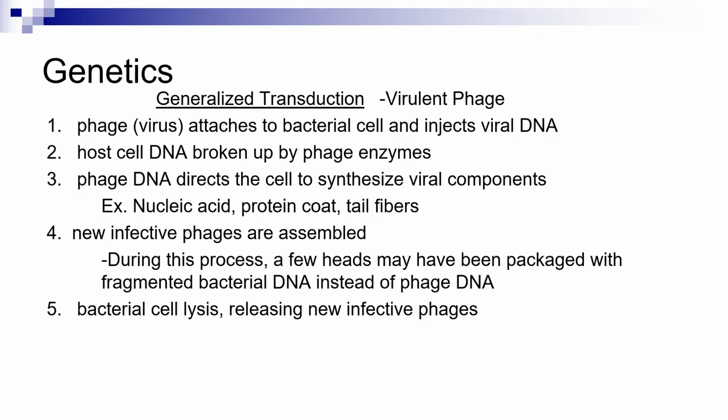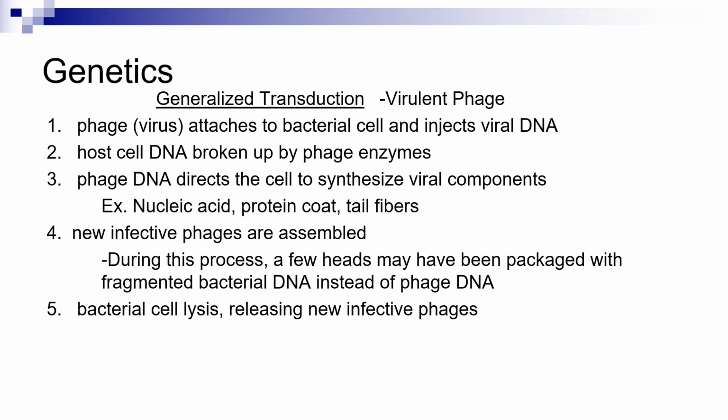So the phage, bacteriophage, doesn't matter to me how you say it, but remember that it is a virus, and it attaches to the bacterial cell and injects viral DNA. The host cell DNA is going to be broken up by phage enzymes.